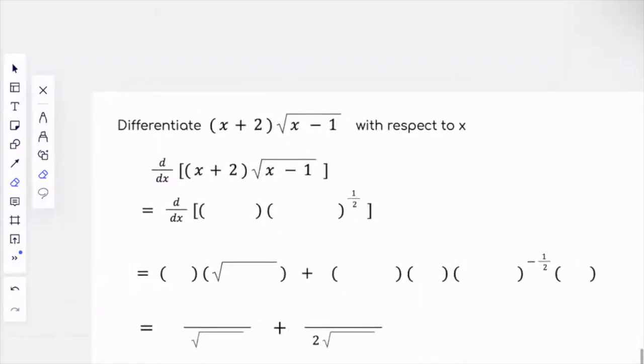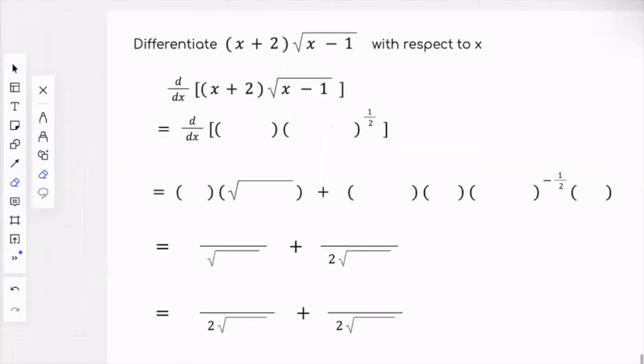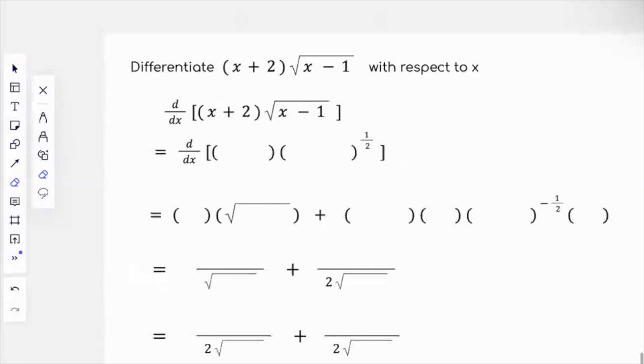The question asks you to differentiate x plus 2 times root x minus 1 with respect to x. Very simple. We use the product rule. We put it there, d/dx of (x plus 2) root (x minus 1). Before we apply the product rule, what must we do?